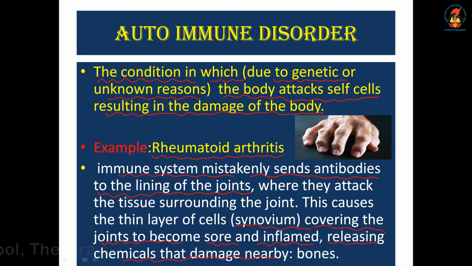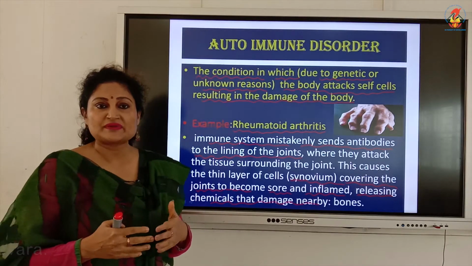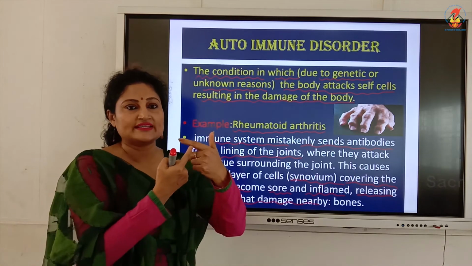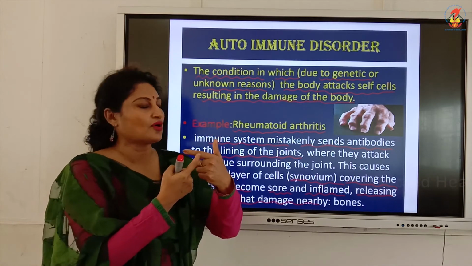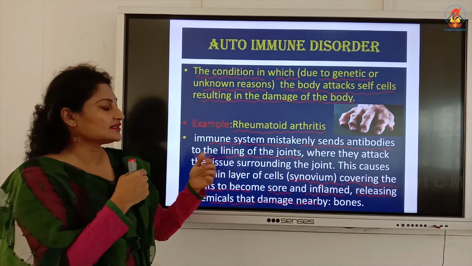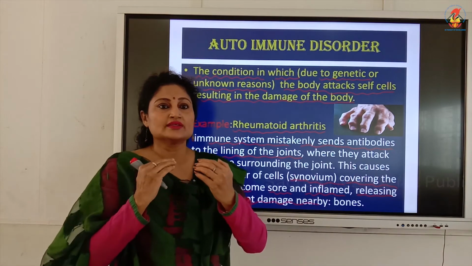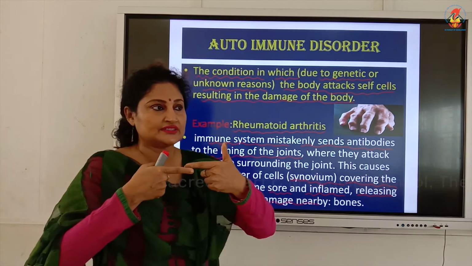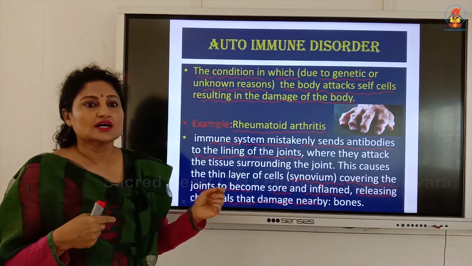So, once again, in rheumatoid arthritis the immune system mistakenly sends antibodies where? To the joints. And these antibodies attack the synovium. What is synovium? The layer of tissue surrounding the articulating bones of the joint. And what happens to this layer?